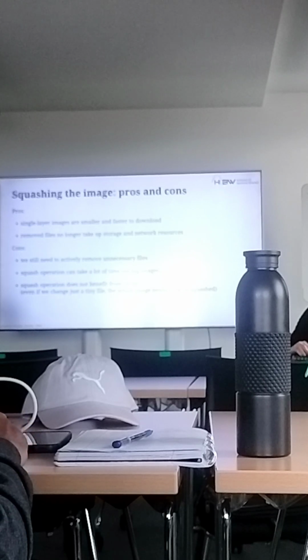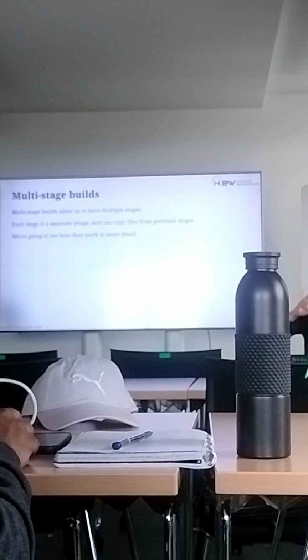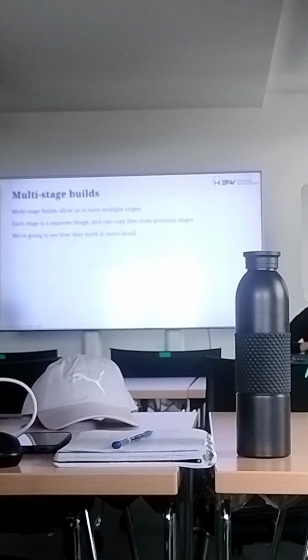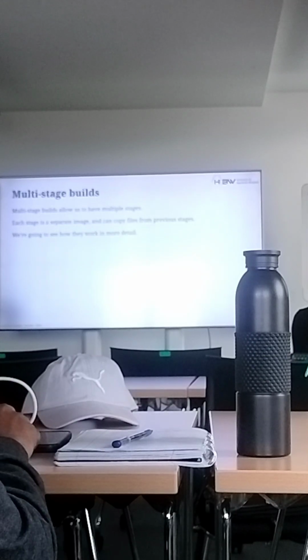But the preferred and, in my opinion, best solution is to use multi-stage builds, where we have multiple stages in our builds, and each of those stages creates a separate image, and we can then use those separate images to copy files from one stage into another stage.